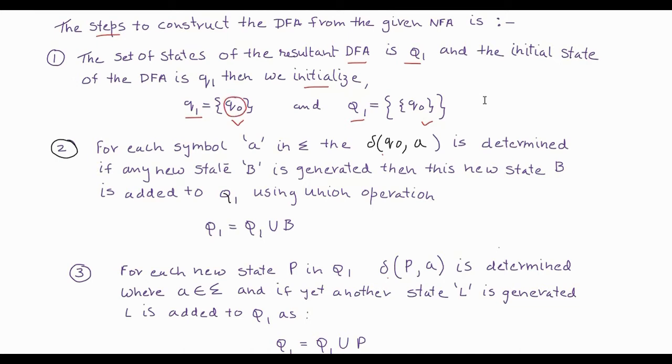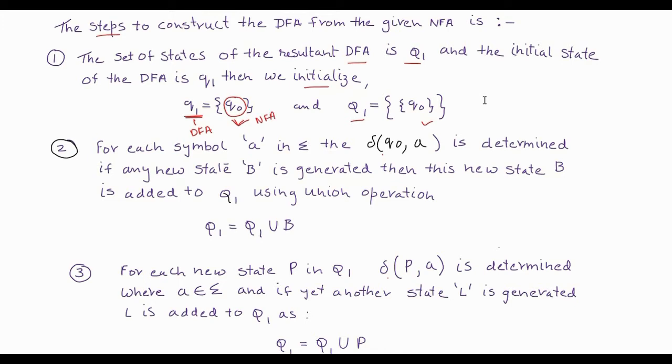So the initial state of the DFA is equal to the initial state of the NFA. This is what we do: initialize the initial state of the DFA to the initial state of the NFA.